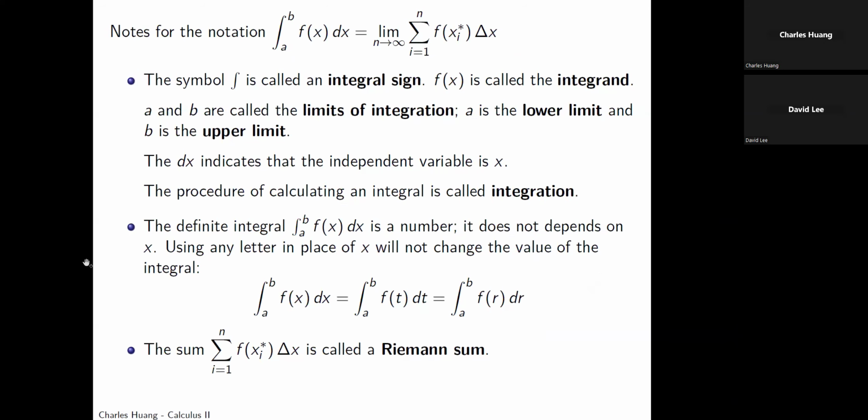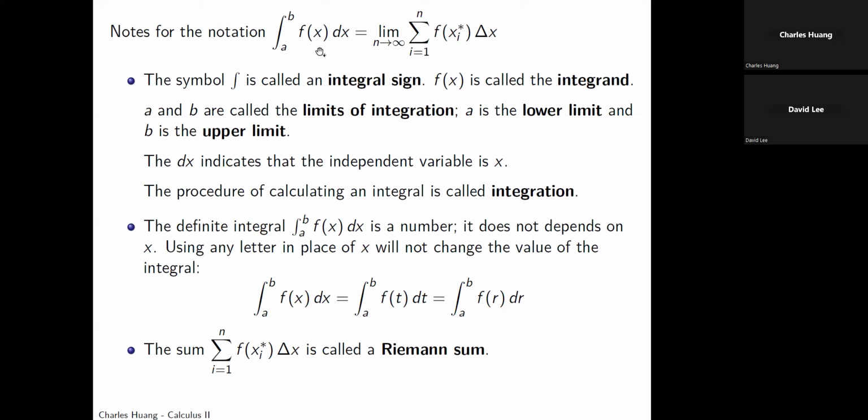A few words about the symbol. This curvy part up here is known as the integral sign. So it's like a little s because we are trying to add up all the little rectangles. So this little curvy s is the integral sign. The function inside is called the integrand.